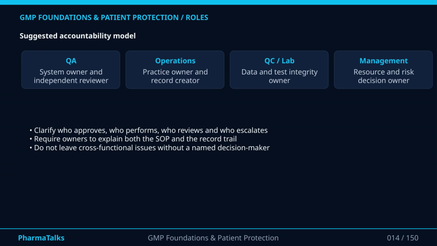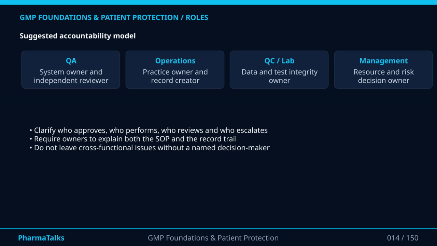Operations teams are the practice owners and record creators, meaning they're the ones actually performing the tasks and documenting them accurately. Then the QC or lab team takes ownership of data and test integrity, ensuring the accuracy and reliability of results. Management holds responsibility for resources and risk decisions, making sure the necessary support and safeguards are in place.